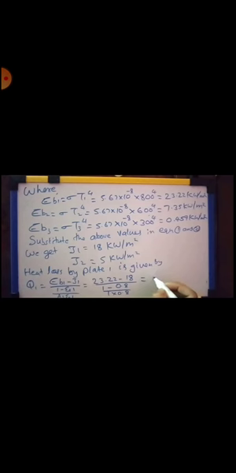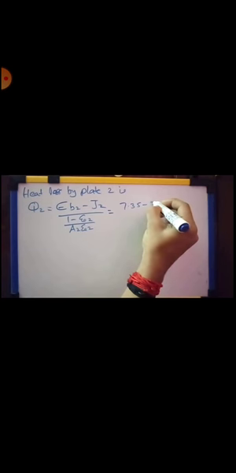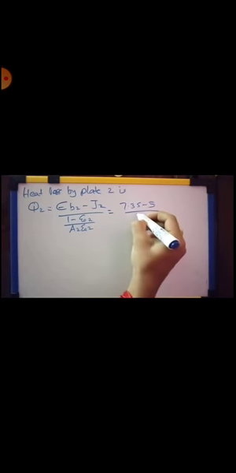The answer is 20.88 kilowatt per meter square. Heat loss by plate 2 is given by Q2 is equal to EB2 minus J2 divided by 1 minus epsilon 2 divided by A2 epsilon 2. Substituting the values, 7.35 minus 5 divided by 0.25, we get 9.4 kilowatt per meter square.